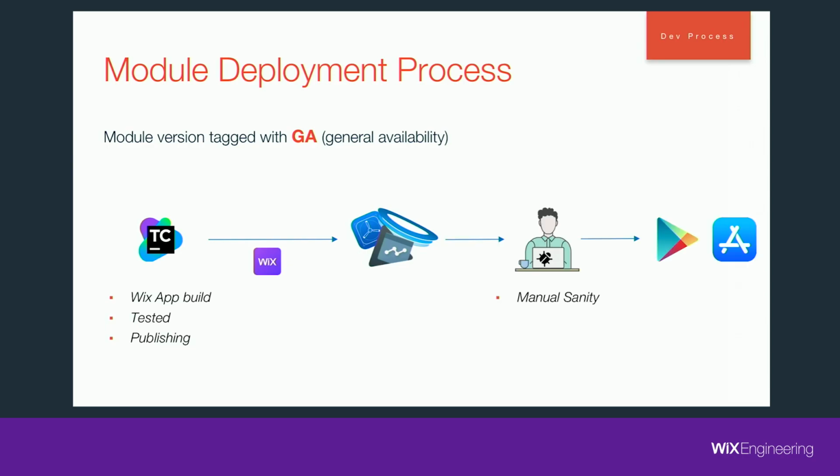Next, our QA team will do a quick manual sanity, and if they decide it's good enough, they will publish it to the stores. Of course, there is a step here where the release manager needs to approve the version if it fits the business needs.